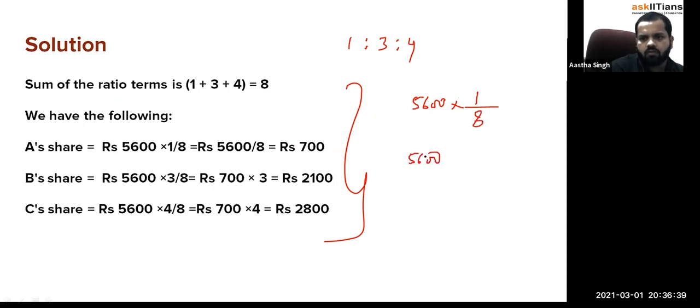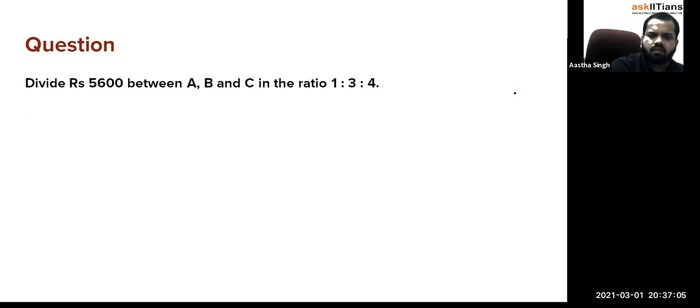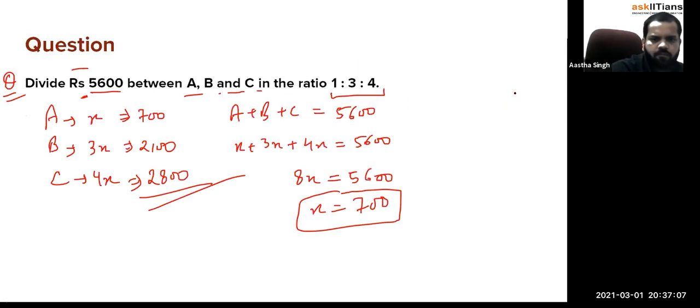B's share will be 5600 multiplied by 3 by 8. C's share will be 5600 multiplied by 4 by 8. This is 2800. You can do it by either of the methods, right? This method is also good and much easier for you. Just assume x, 3x, and 4x, find the value of x, and put it back into the question.